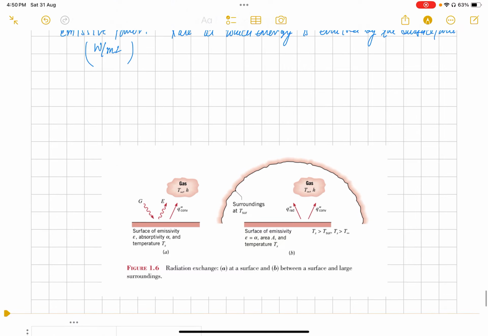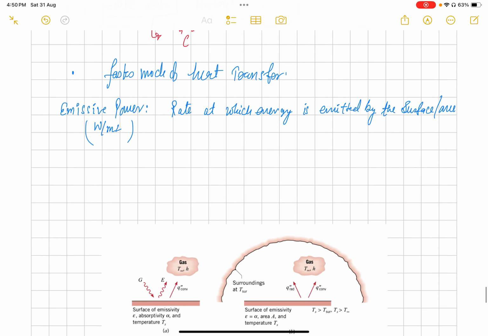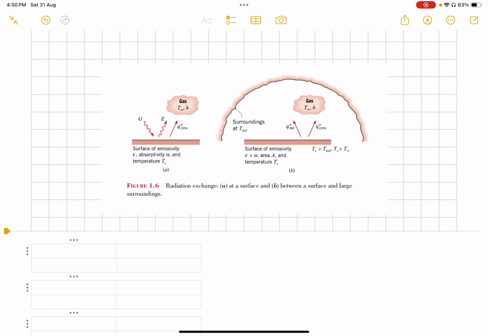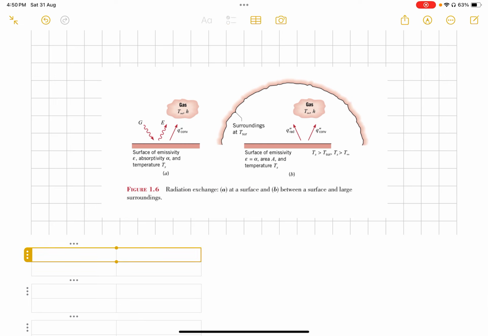If this is the surface, whatever the amount of heat it is rejecting owing to its temperature will be the emissive power, and the rate at which it is transferring energy is the emissive power.